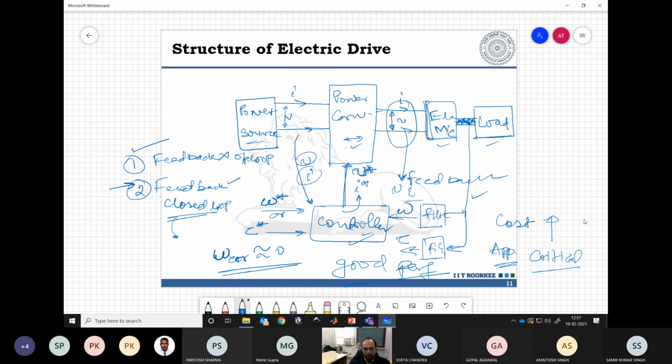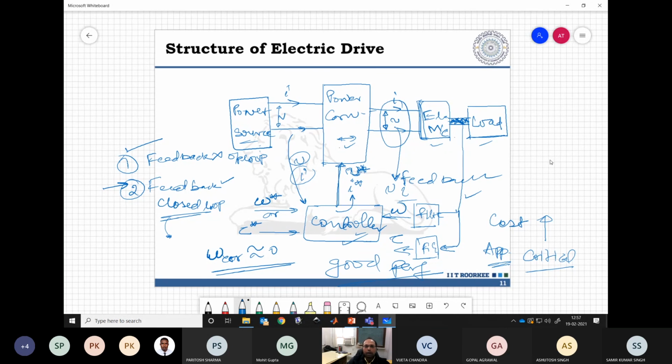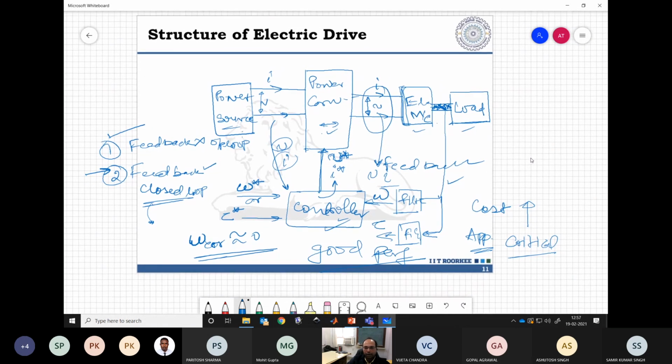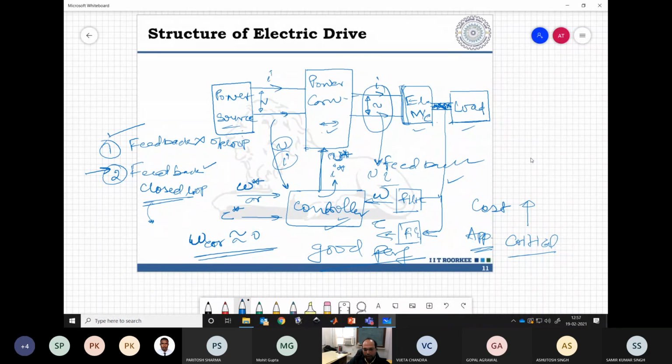So these are the basics which I wanted to discuss about motor drives in the first class. Now, moving further, we will have a more detailed discussion on some specific kinds of motor drives, let us say the DC motor drive or the induction motor drive or any other type of drive.